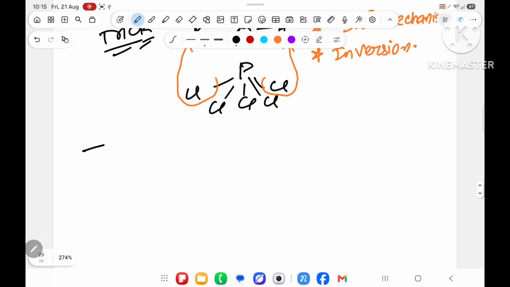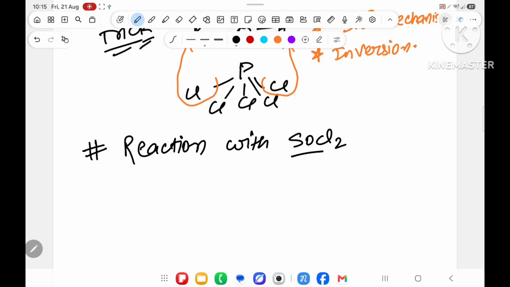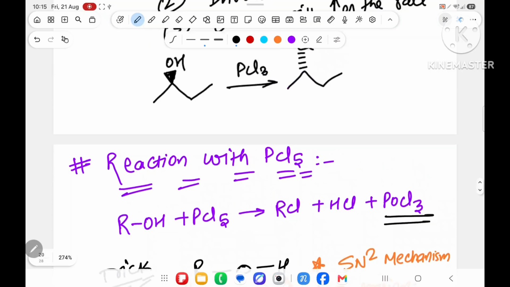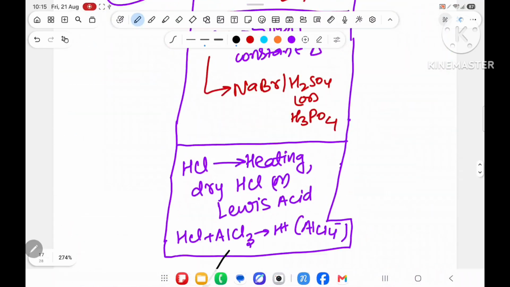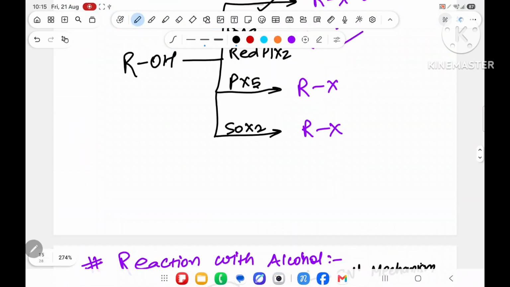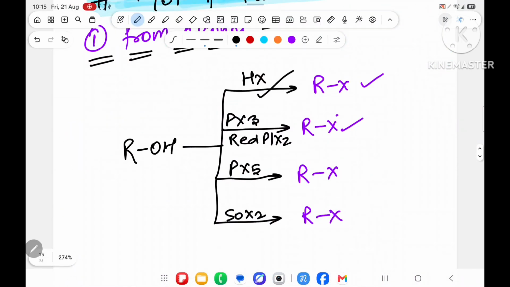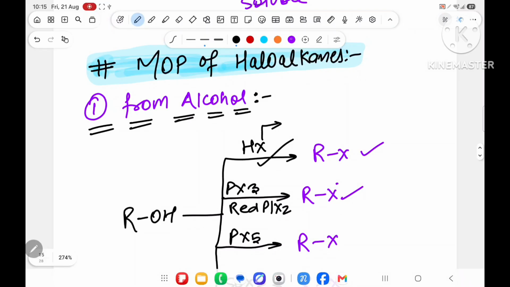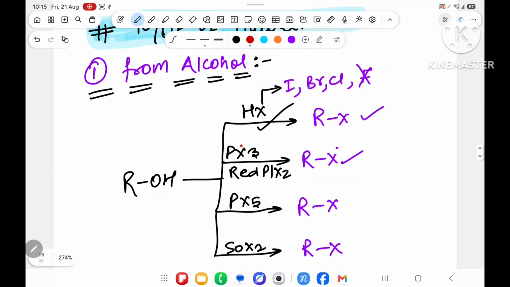Next part of the topic is the reaction with SOCl2. Here I have not mentioned it, but you have to understand which X I have taken.